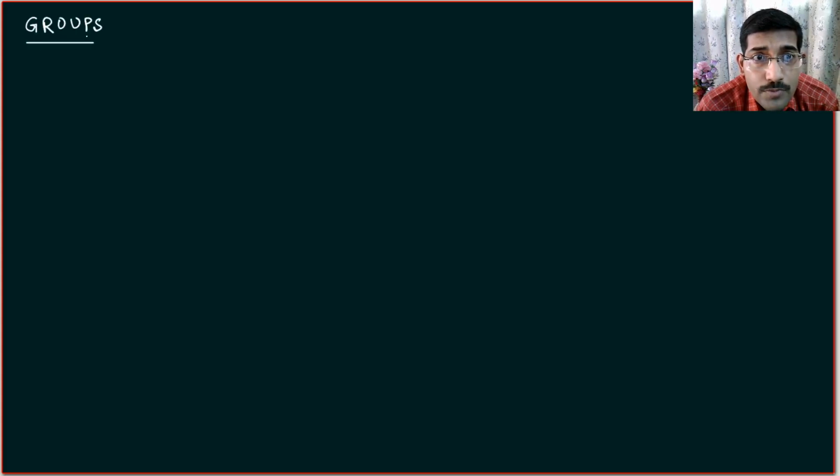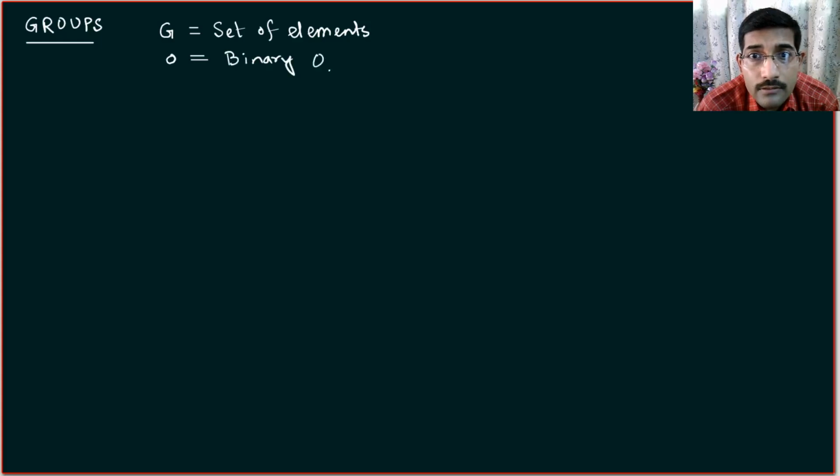So groups are defined over only one binary operation. We say that let G be a set of elements and let O be the binary operation.